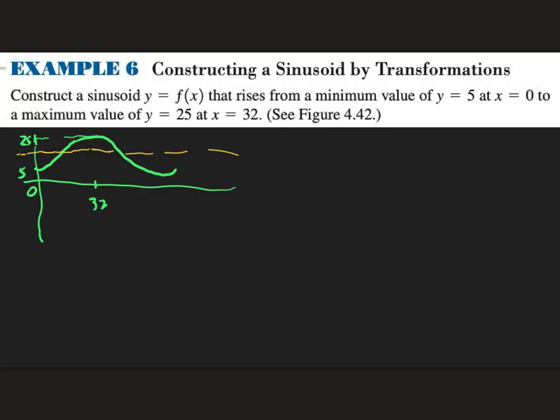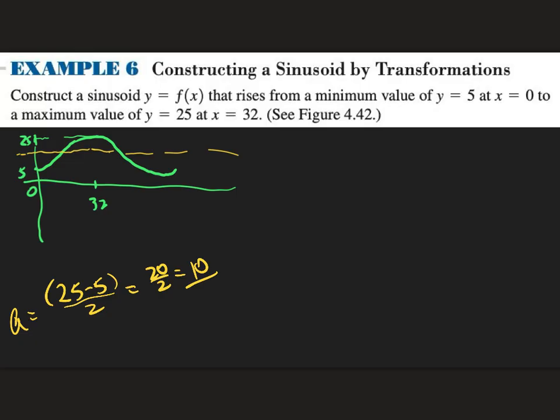Okay, so we do 25 minus 5. This is going to give us our amplitude, A. We're going to divide it by 2. So 20 over 2 is equal to 10. This is our amplitude.